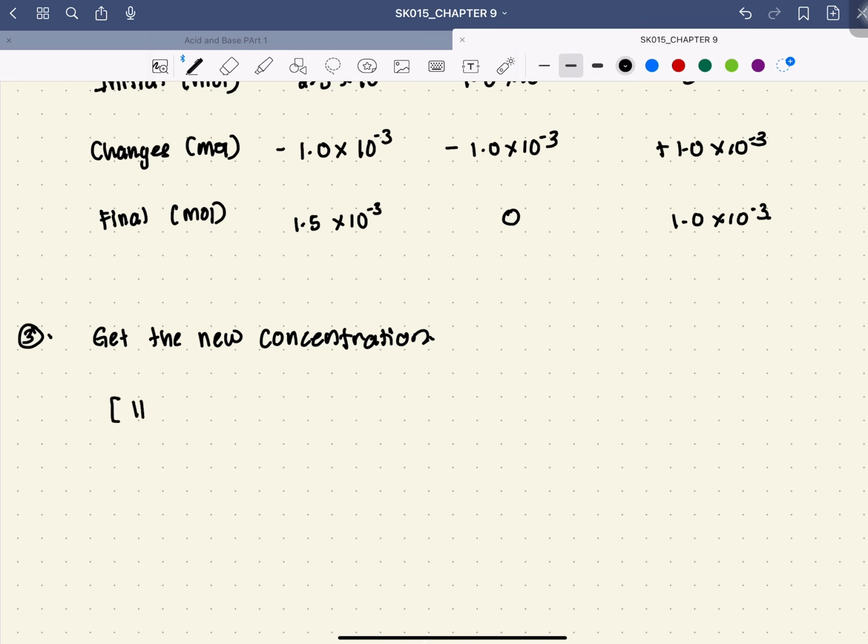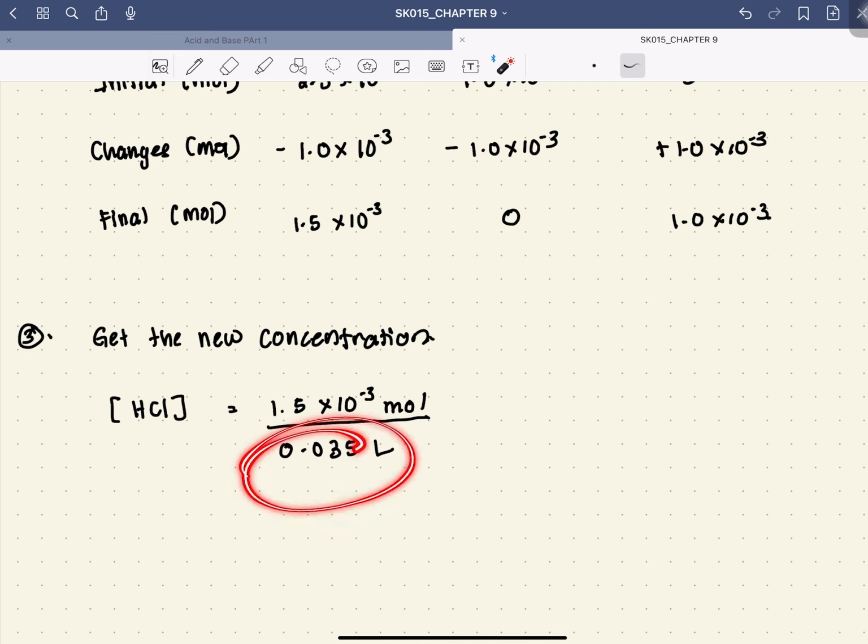So the concentration of the hydrochloric acid will be 1.5 exponent -3 mole over, you need to find the volume. So what is the volume that we need to get? It is 0.035 liter.